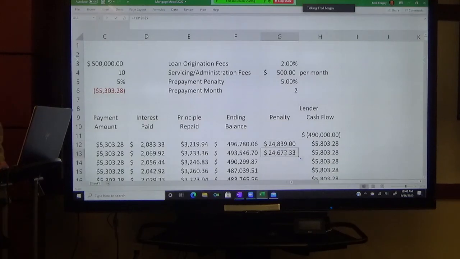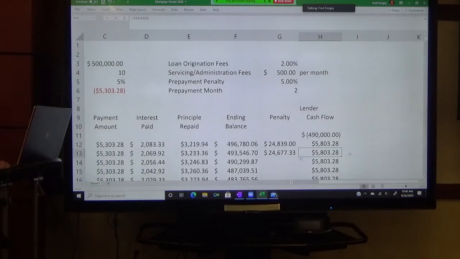All right. So if we repay the loan in month 2, what is the lender's cash flow going to be in month 2? It's going to be the ending balance plus the penalty. Correct. Plus the payment, plus the administrative fee.